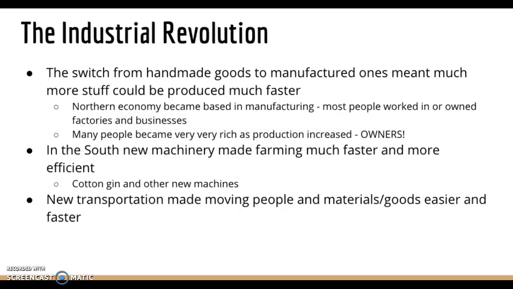But it impacted the South too, because a lot of the machinery that was invented made farming much faster and more efficient. Specifically, what we're going to be looking at the next week or so, the cotton gin. The Industrial Revolution also impacted transportation, which made moving goods from the North to the South, or within the North and the South, much more efficient and quicker as well.